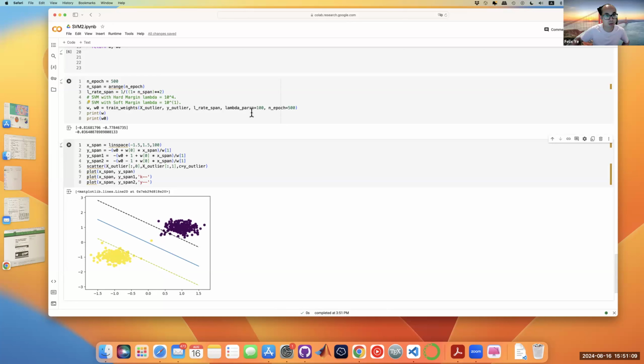If we set this to be super large, for example right here, like 10 to the 4, this will be almost like a hard margin. Because we know if lambda is super large, that means I will not allow any kind of misclassifications.